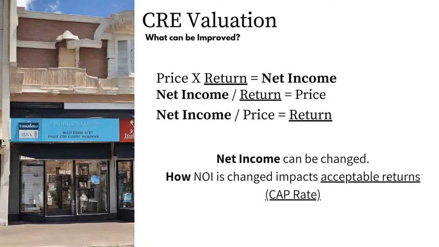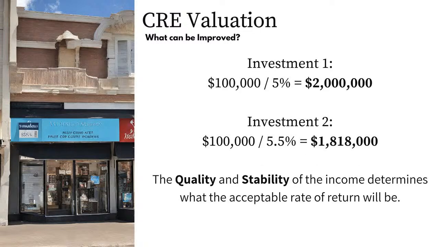Net income can be changed, but guess what? The return, the acceptable return, can also be changed if we change the quality of that income stream. If we change the stability of that income stream, that same $100,000 will be calculated differently. So assume we've optimized things with our investment and we're getting $100,000.